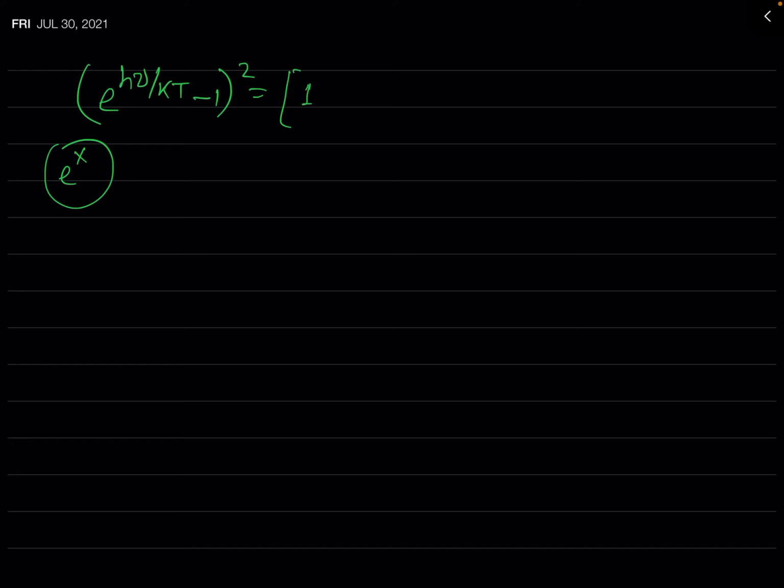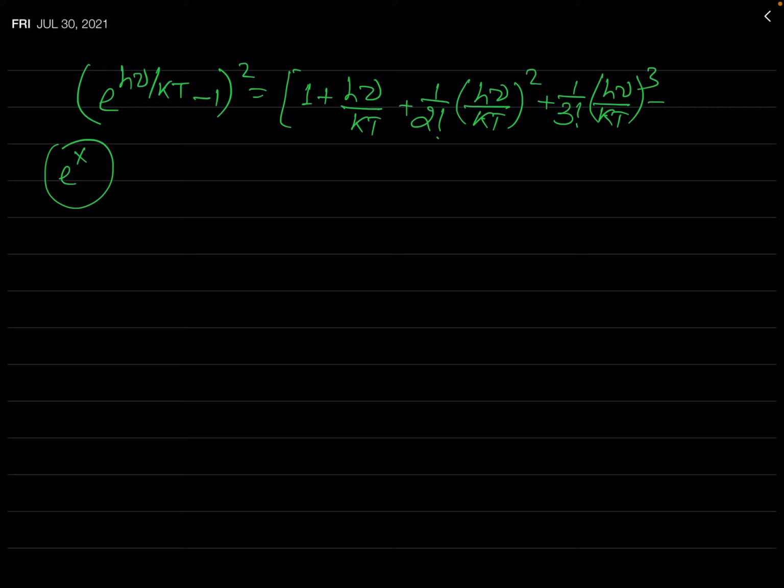So this is 1 plus h nu by kT plus 1 over factorial 2 times (h nu by kT) whole square plus 1 over factorial 3 times (h nu over kT) whole cube and so on, and this term minus 1, whole square.